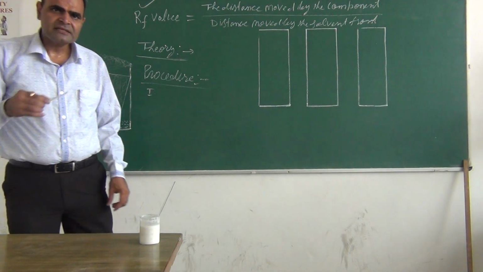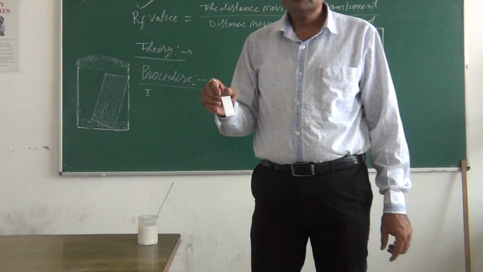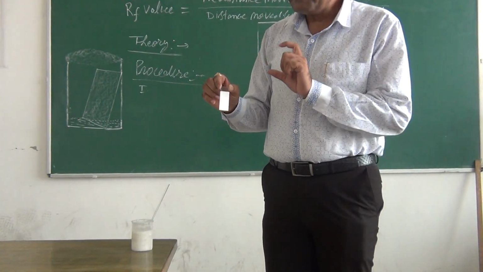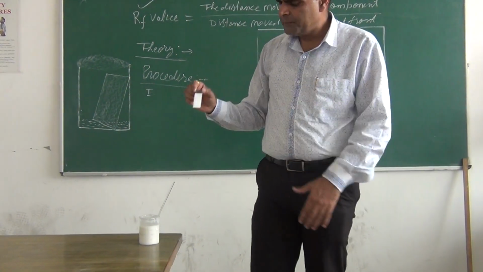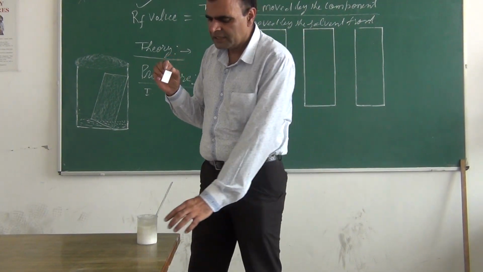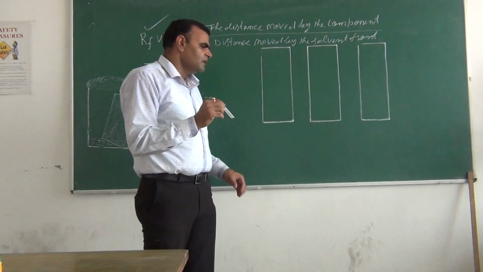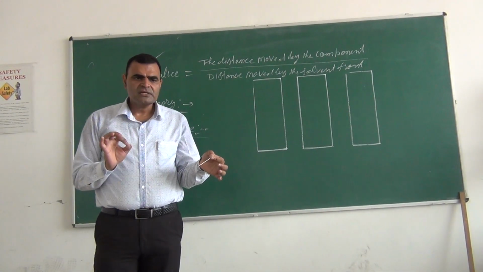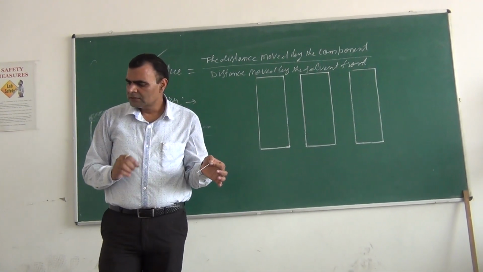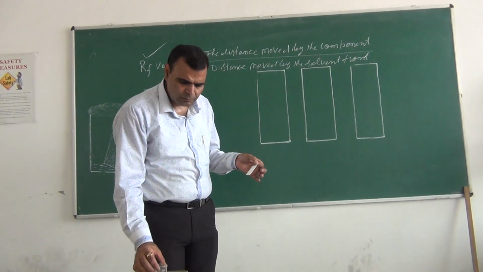A plate like this is obtained by dipping it into this slurry. The next step is application of the mixture or the component with the help of this capillary tube.